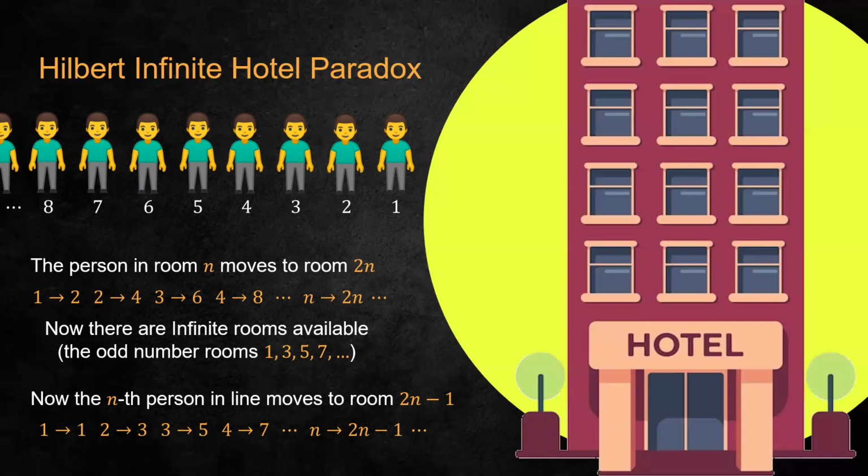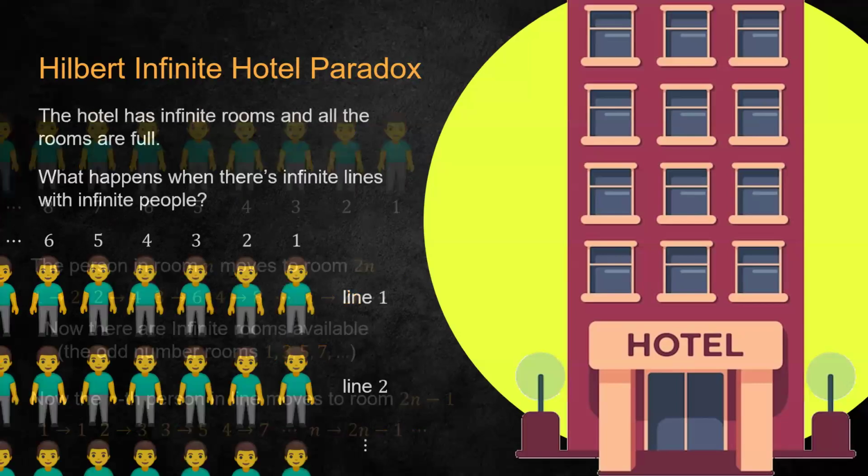So, room number one goes to room number two, room number two goes to room number four, room number three goes to room number six, and so on. And now we have infinite space for our new guests. The rooms 1, 3, 5, 7, so the odd numbers. And so the people in the line can go to those rooms.